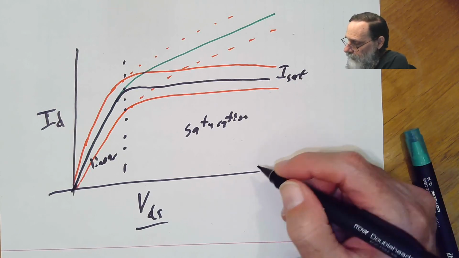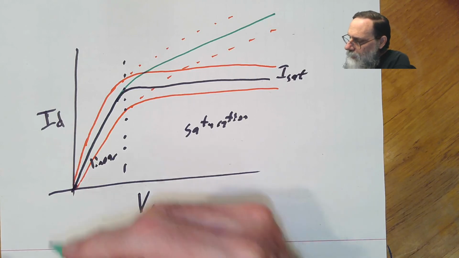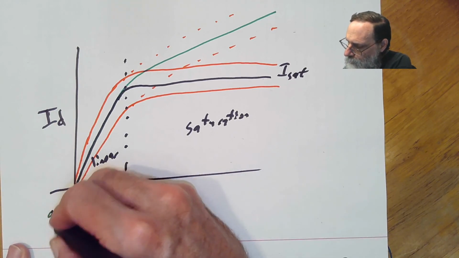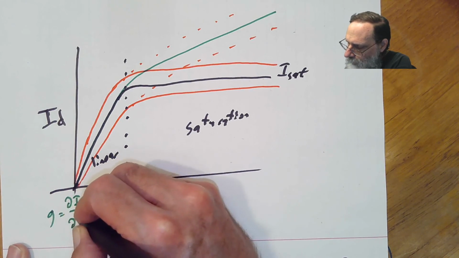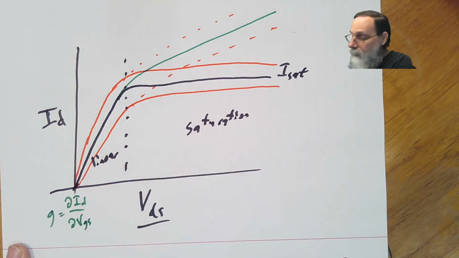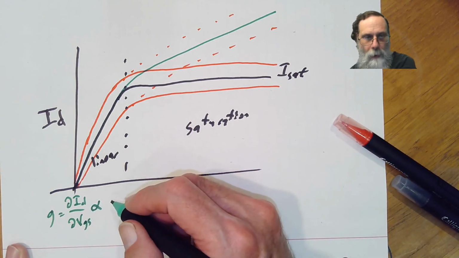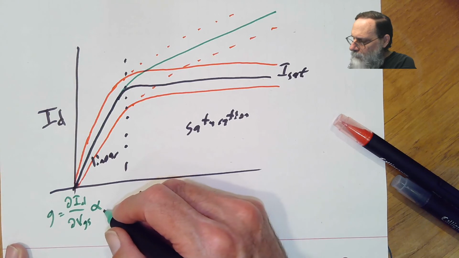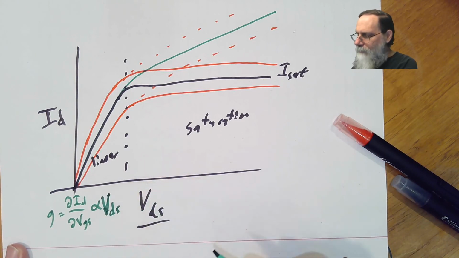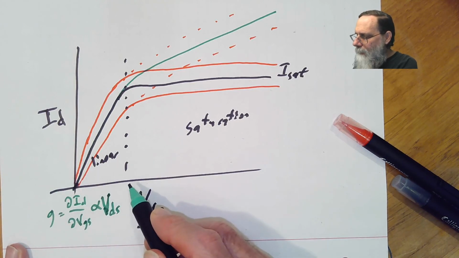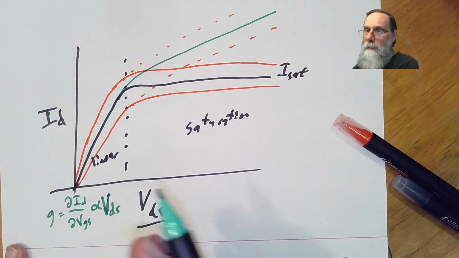And what we get is that in the linear region the gain, and remember that's the derivative of the drain current with respect to the gate voltage, is going to be roughly proportional to, I believe, just VDS. So as we go up here, the sensitivity gets higher. So the higher the voltage, the more the sensitivity.